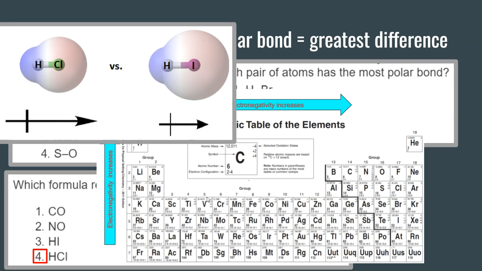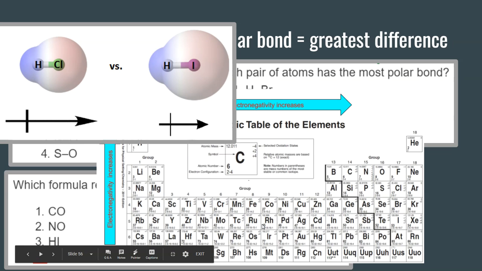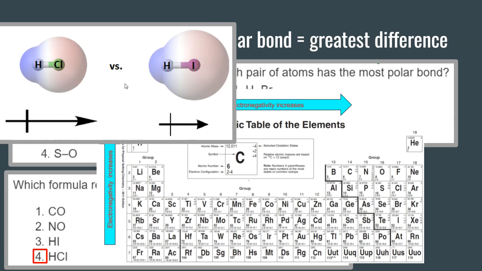Alternatively, if you remember that atomic radius tends to decrease toward the top right-hand corner, you'll note that Cl, because it is more toward the top right, has a smaller radius compared to iodine.